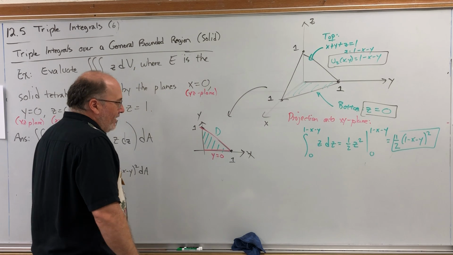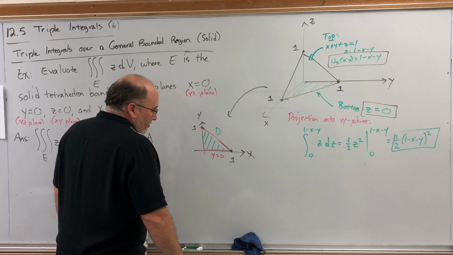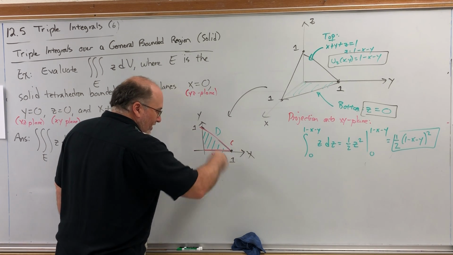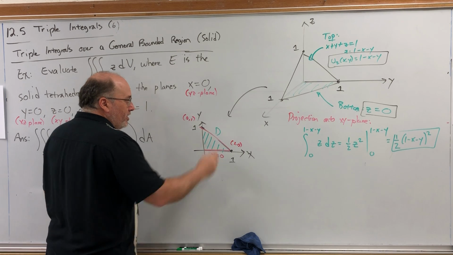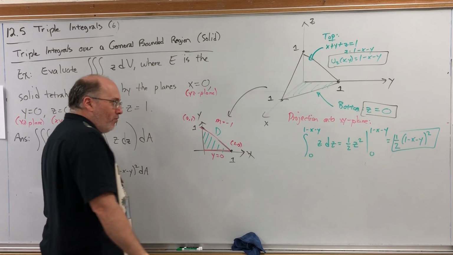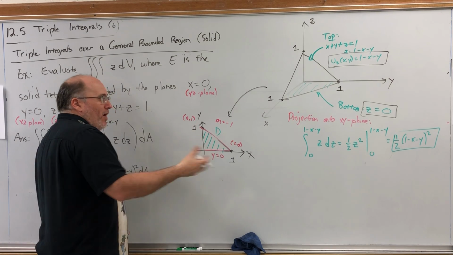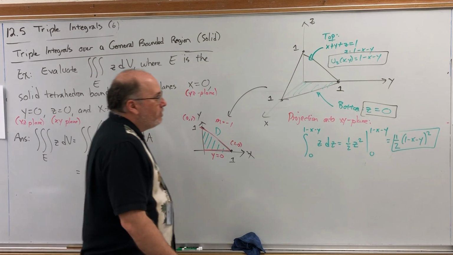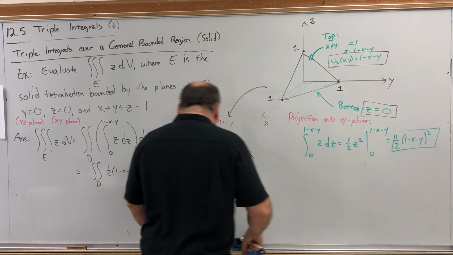So if I put z equal to 0 into the equation of this plane, I get x plus y equals 1. Now, you could also do it old school. In other words, this point in the xy plane is (1, 0). This point is (0, 1). You could calculate the slope to get -1. And there's the y-intercept. So you could say y equals -1x plus 1, which is exactly the same thing I would get if z is equal to 0 and I move the x over.